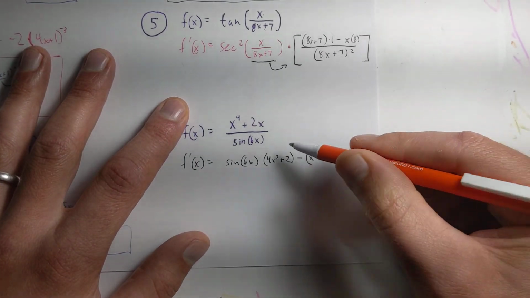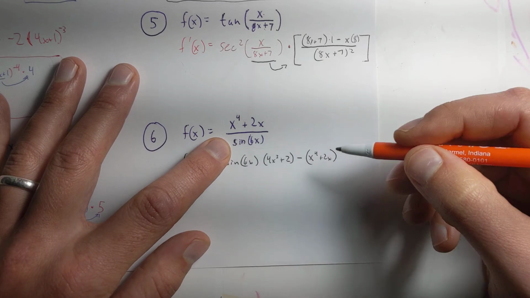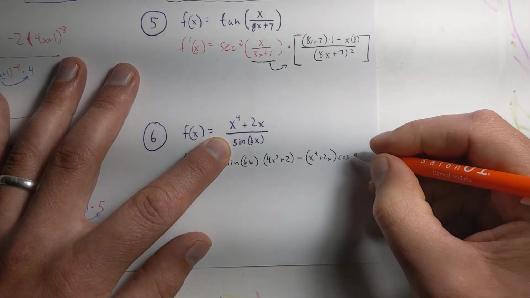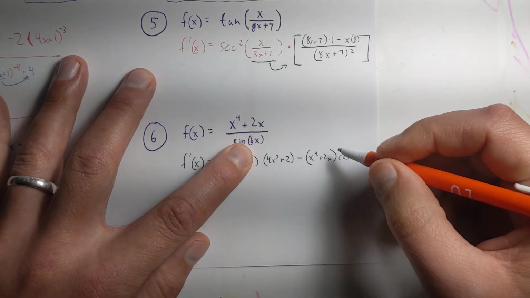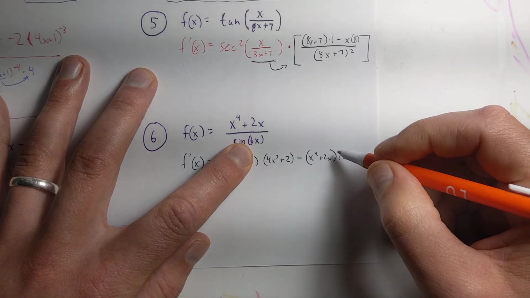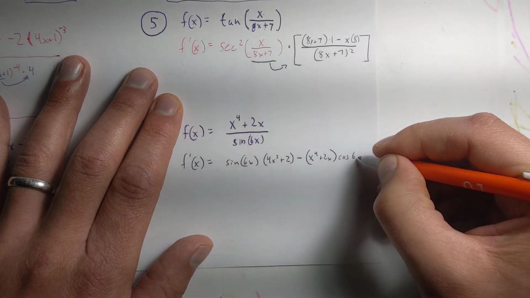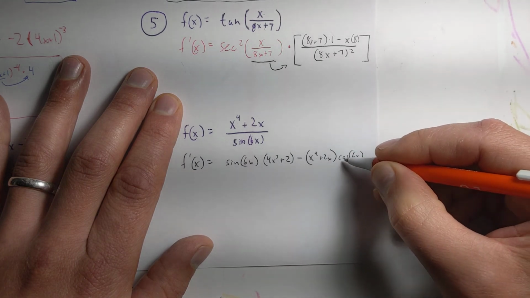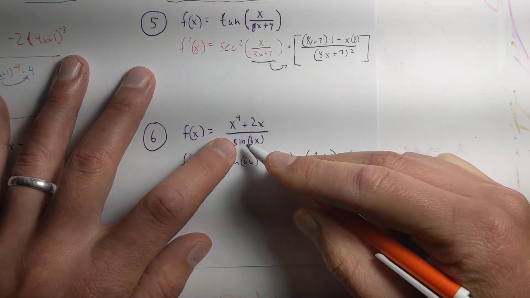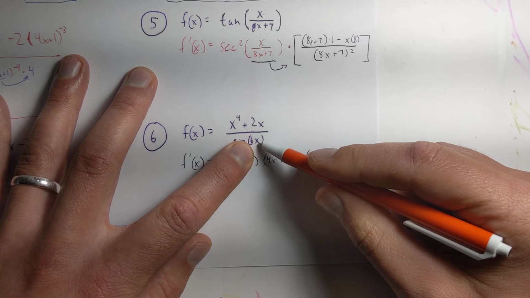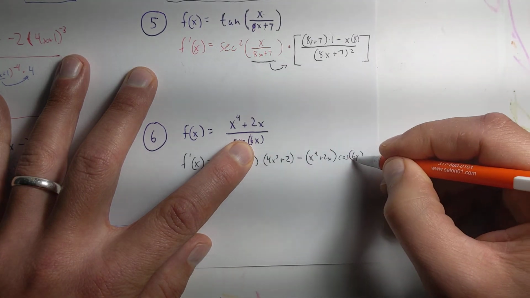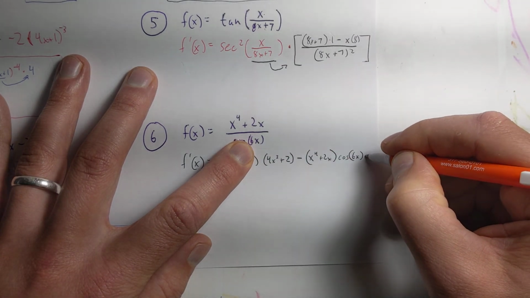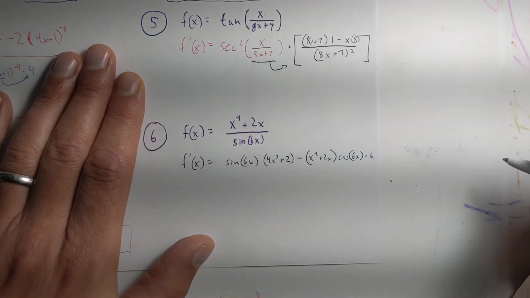So now I've got to derive sine of x. Derivative of sine of x is cosine of, oh, Mr. Kuhn, it's not sine of x, it's sine of 6x. That's all right. Sine of 6x. There's a function in this function. I derived sine, got cosine. But there's a 6x inside it, so I've got to take the derivative of 6x, and I get 6.